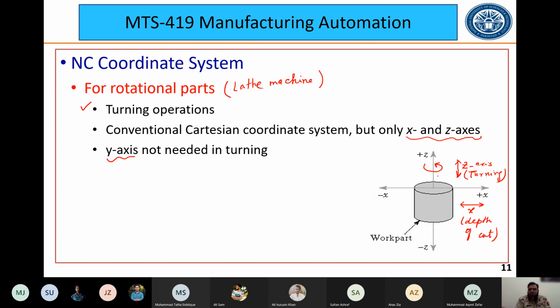This is shown in this orientation, but actually on a lathe machine, you know that the part is mounted like this. So this will be my z axis, which is going to give me the turning, and this is the x axis, which is going to give me the depth of cut.